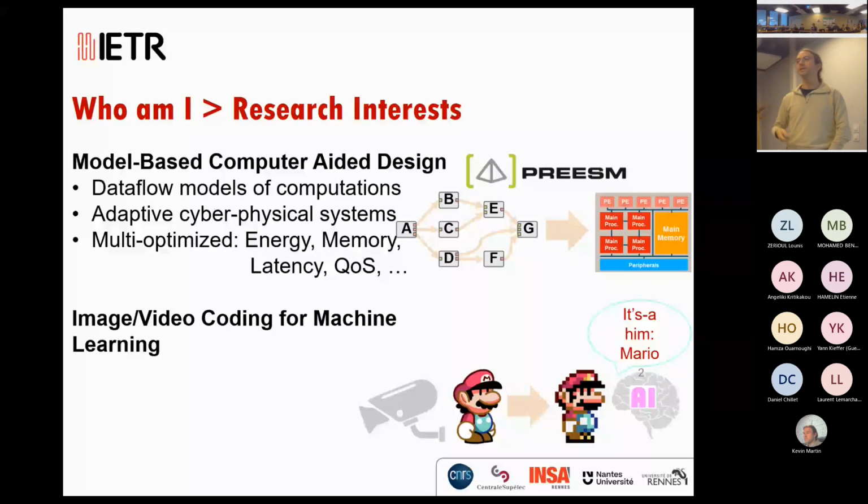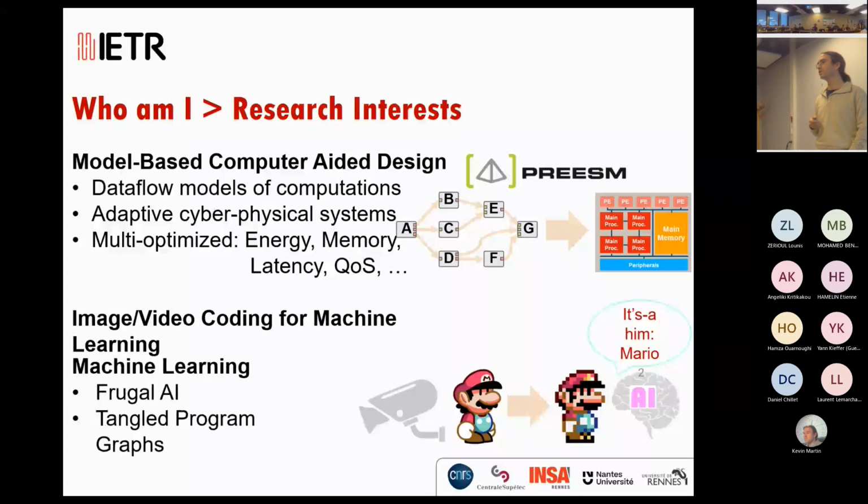And then, like everyone else, I'm also interested in machine learning. In particular, I am interested in a new machine learning technique, which is not a deep learning technique, which does not rely on GPUs. It's an artificial intelligence technique called Tangled Program Graph, which is inspired by genetic programming techniques.